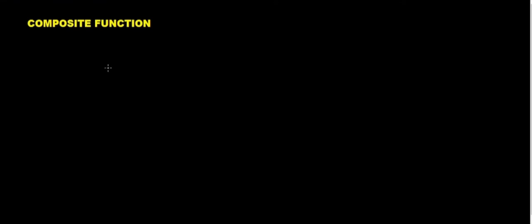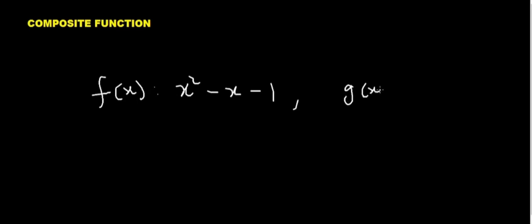If I have something like this, f(x) that is equal to x squared minus x minus 1, and I have another function g(x) that is equal to x minus 1, another function like this. So what I need to do is, suppose you are asked to find f of g(x).